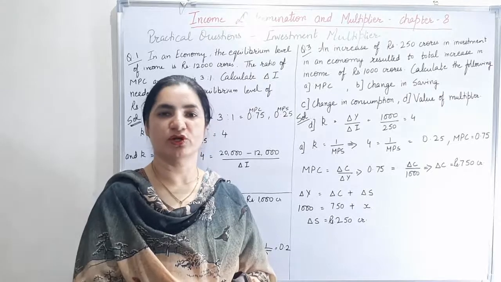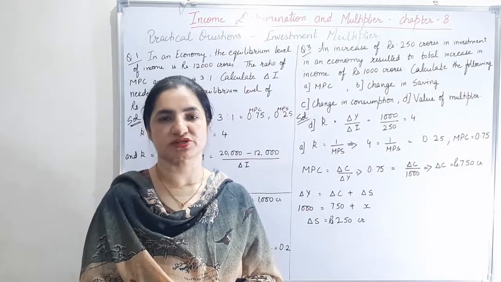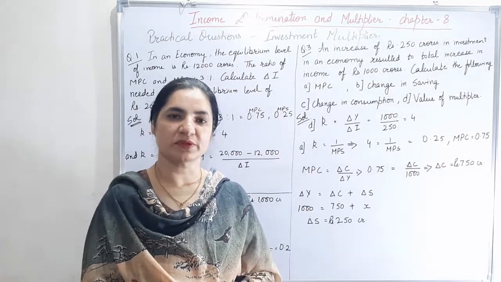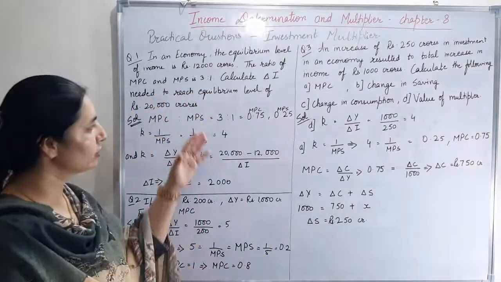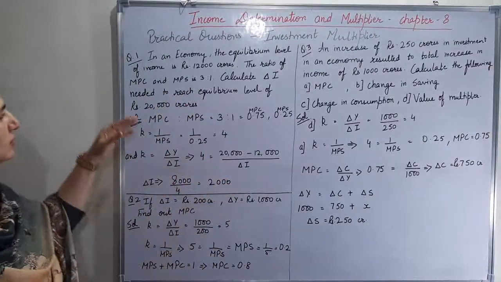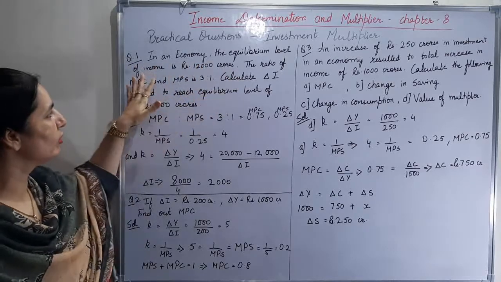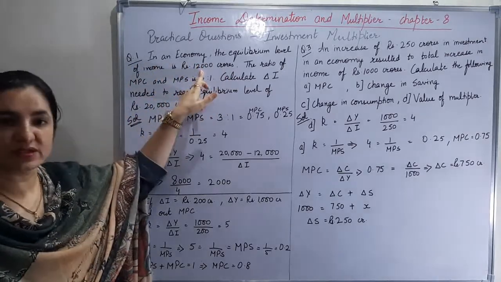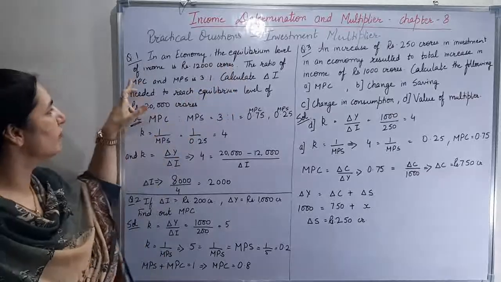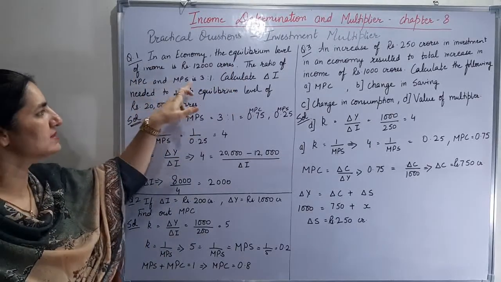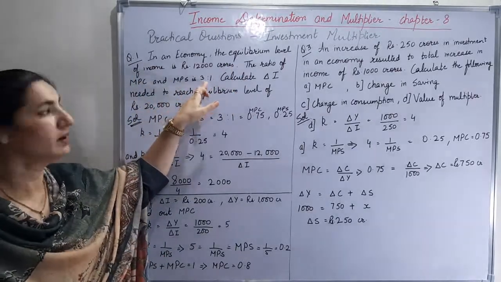Now let us have a look at some practical questions related to the investment multiplier. I have taken 3 categories of questions here. Question number 1: in an economy, the equilibrium level of income is 12,000 crores. The ratio of MPC and MPS is 3:1.